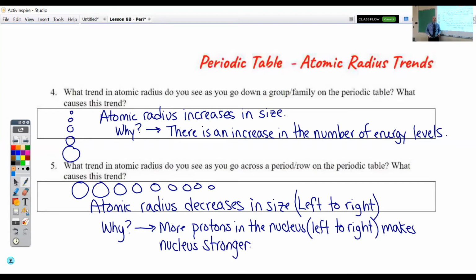So more protons in the nucleus makes the nucleus stronger, and it's better able to attract those electrons, pull them in tighter.